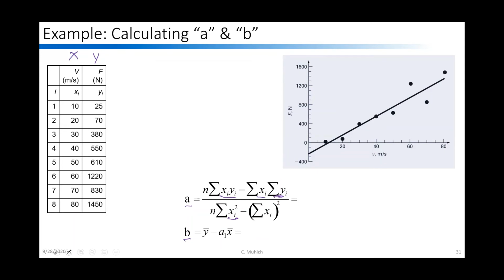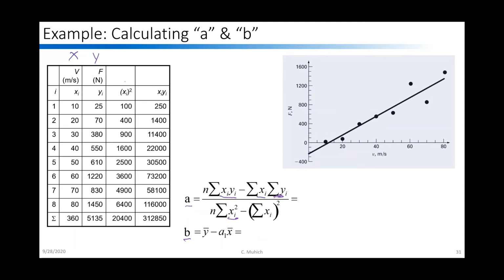So what I need to do is go in and calculate x squared and xy. So here in this third column, I've just taken each value of x and squared it. So 10 goes to 100, 20 goes to 400, 30 goes to 900, etc. In that fourth column, I also need x times y. So here, 10 times 25 is 250, 20 times 70 is 1400, etc., all the way down.